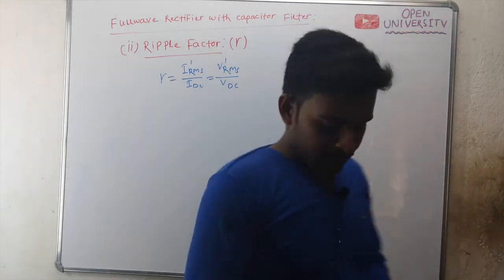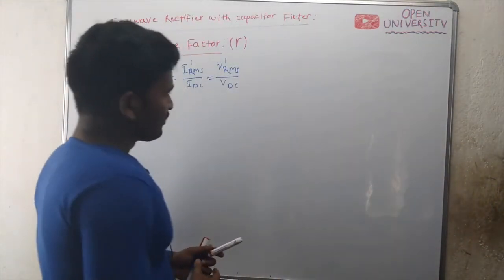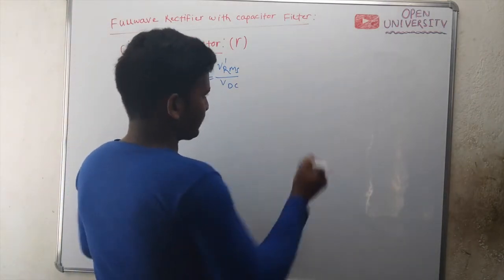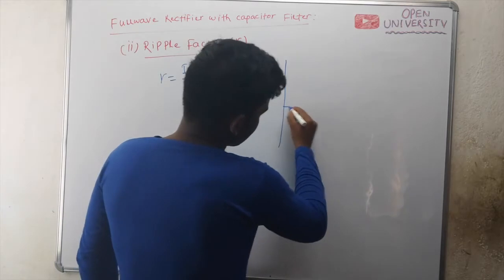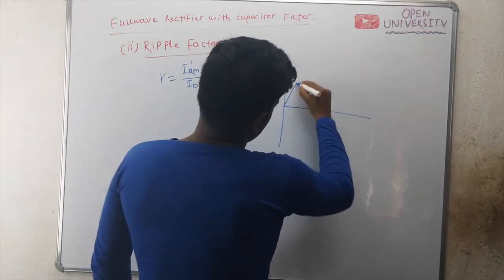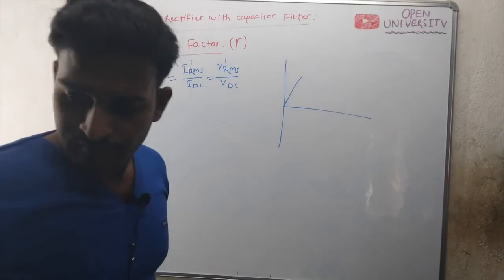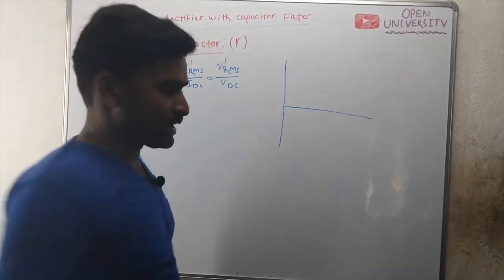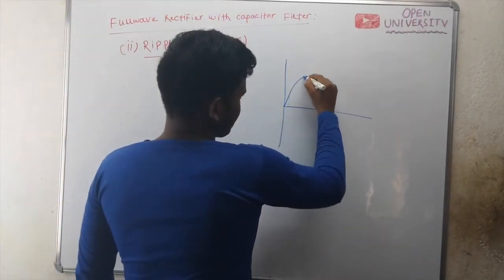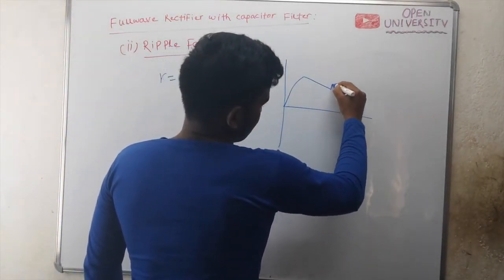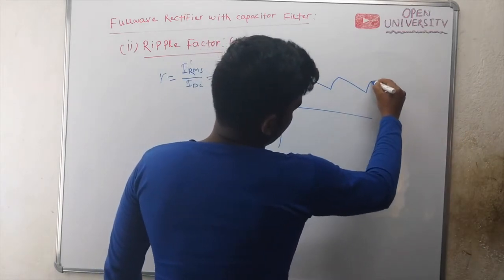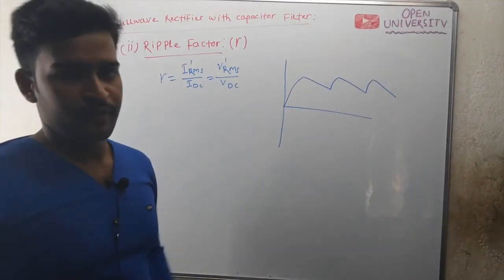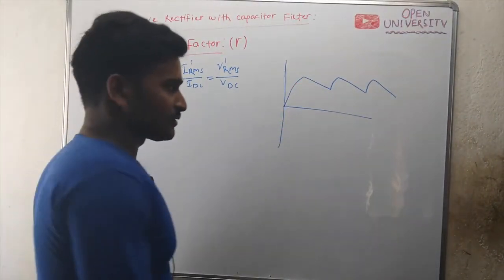Because the output of this capacitor filter is something like this. Full wave rectifier with capacitor filter output is something like this. This is the output waveform of your full wave rectifier with capacitor filter.